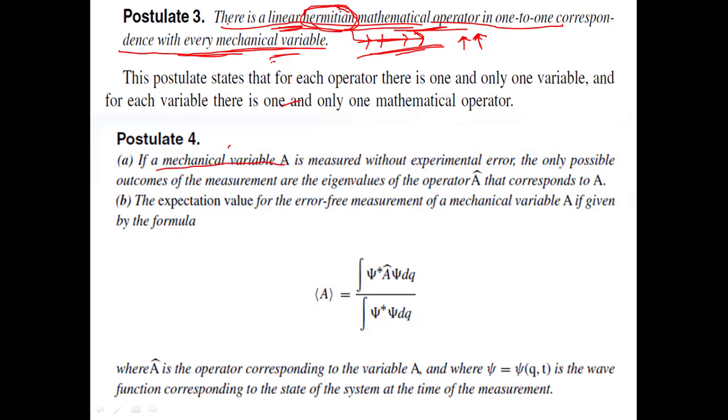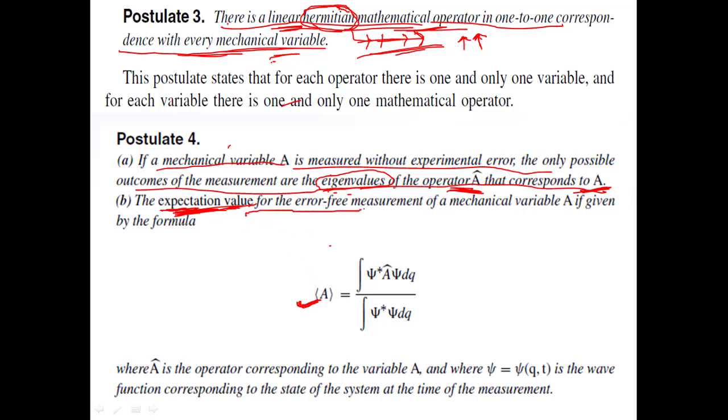Next, the fourth. Now start reading. If a mechanical variable A is measured without experimental error, the only possible outcomes of the measurement are the eigenvalues. We have seen what eigenvalues are. Eigenvalues of the operator A that corresponds to A. A is the operator and corresponds to the variable A. Now, second, the expectation value.